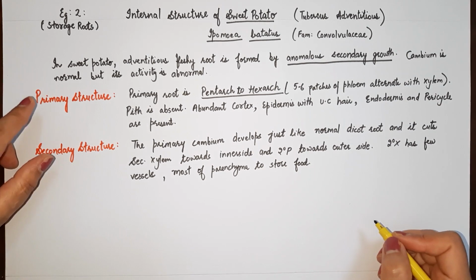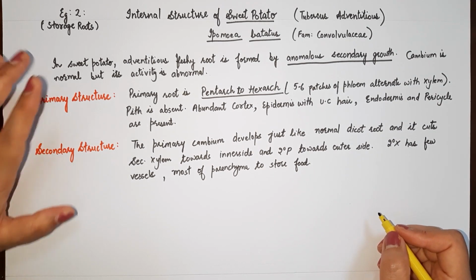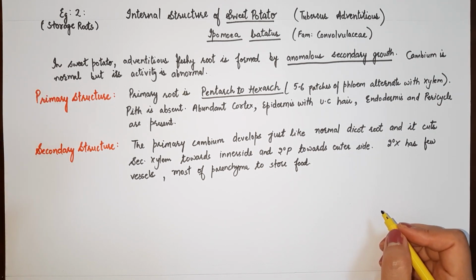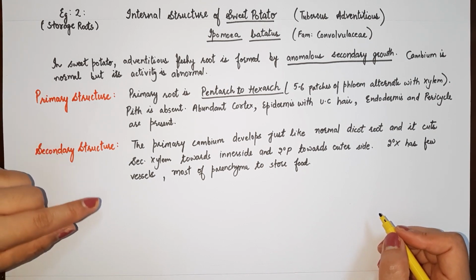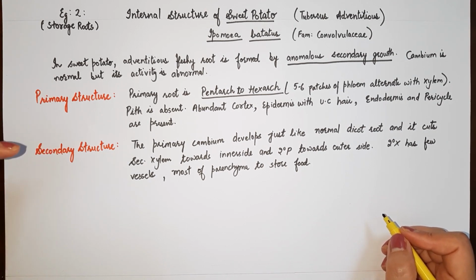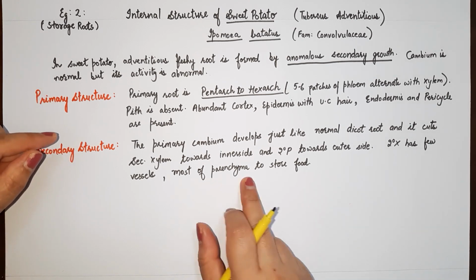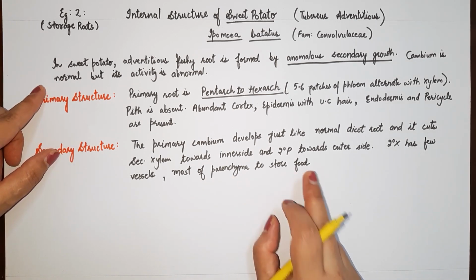Okay, so generally we see that xylem vessel and trachea elements are abundant and parenchyma is lesser in the vascular region, but here the vessels are very few and majority of the secondary xylem includes parenchymatous cells which store food.